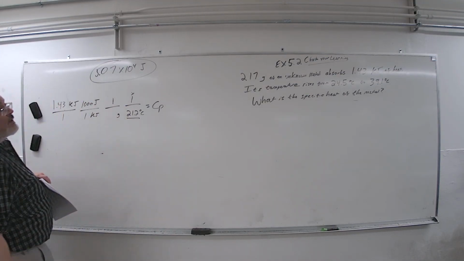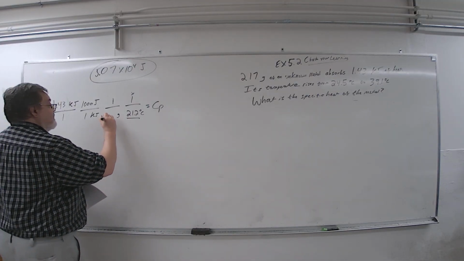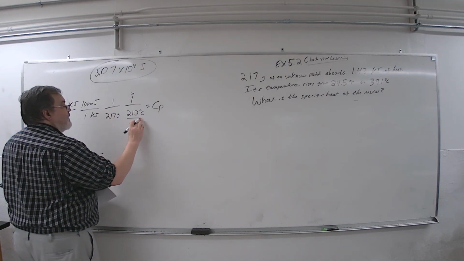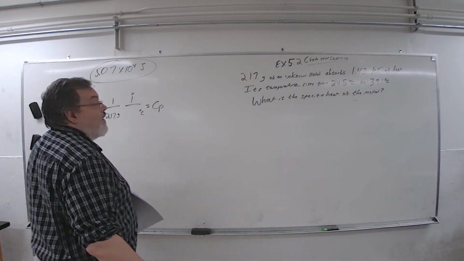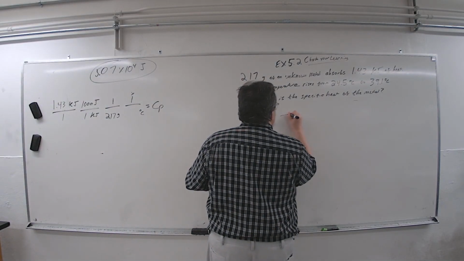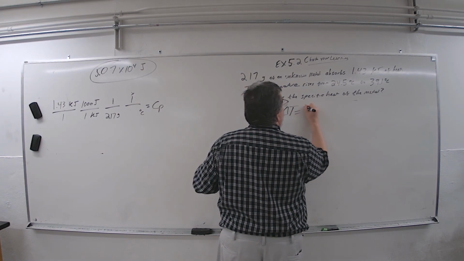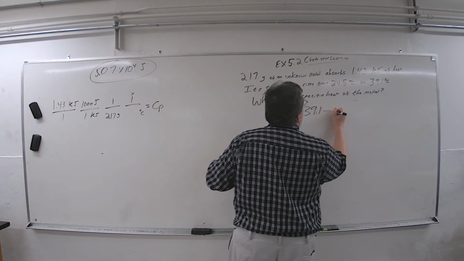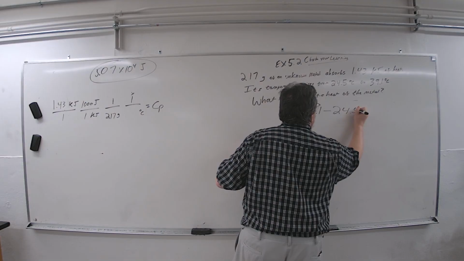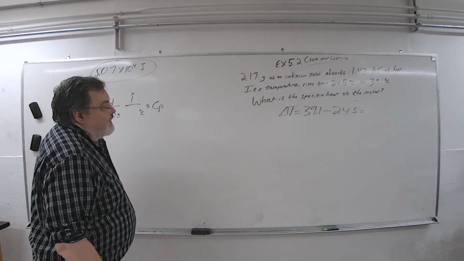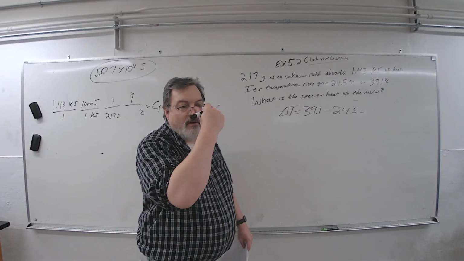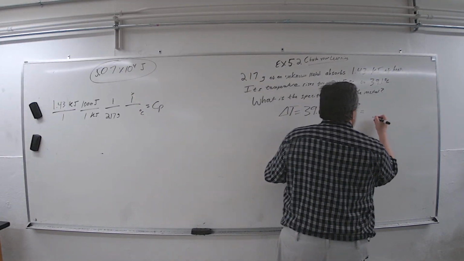The grams are 217. So what's 39.1 minus 24.5? 14.6.